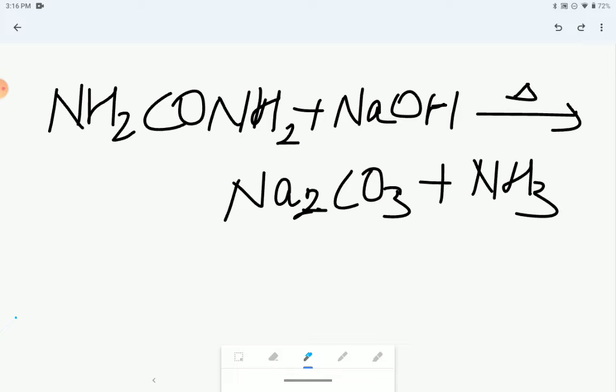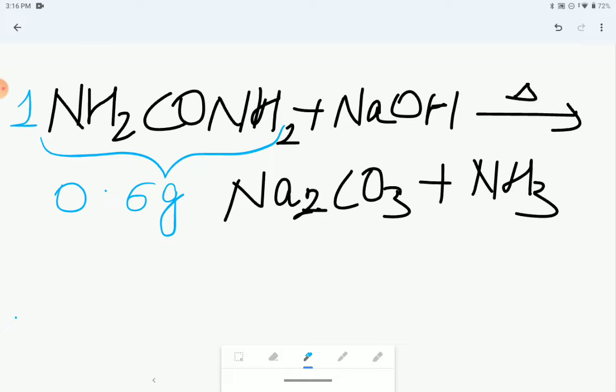Now if we clearly observe, this is urea, right? 0.6 grams of urea was heated. First, let us know how many moles of urea are participating in this reaction. Here 1 mole of urea reacts with sodium hydroxide, produces sodium carbonate and 1 mole of ammonia, right?